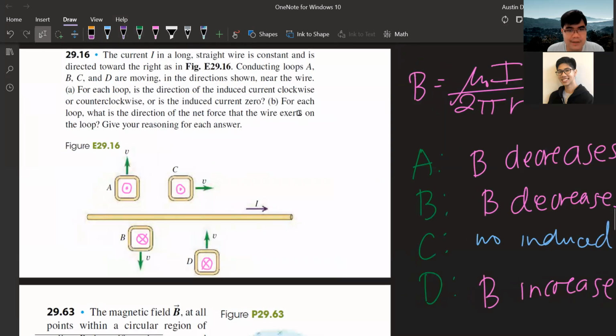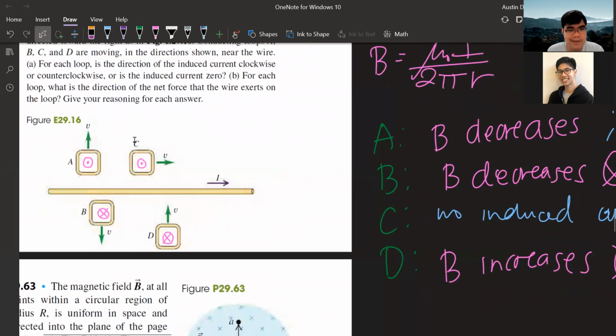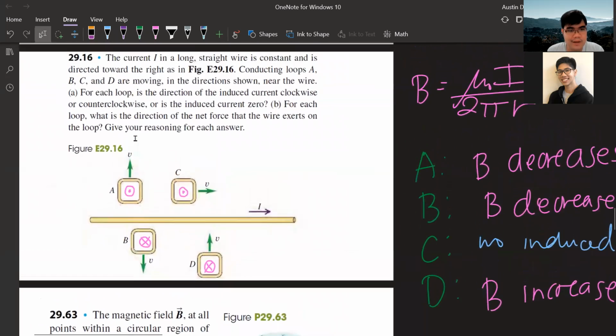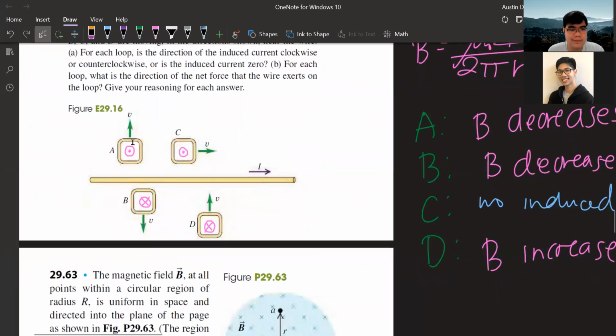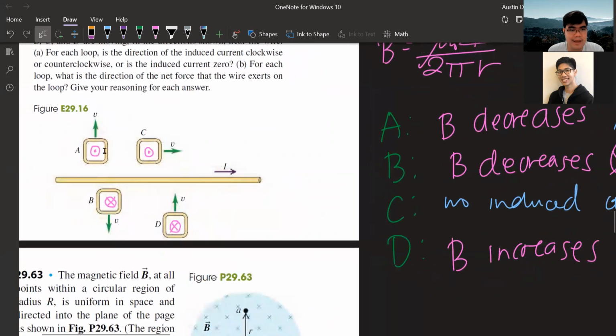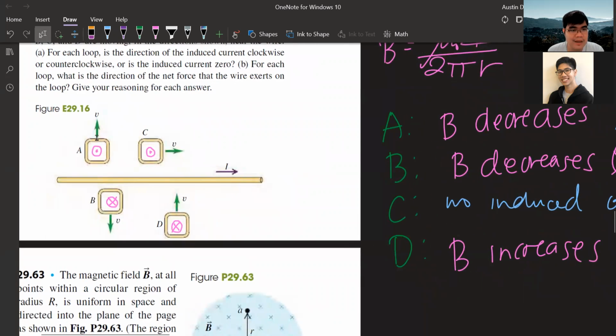Now, tanong sa atin, for each loop, what is the direction of the net force that the wire exerts on the loop? Okay. So, again, pwede mo gamitin yung idea from Lenz's law that nature doesn't like change. So, si A, papalayo siya sa wire.